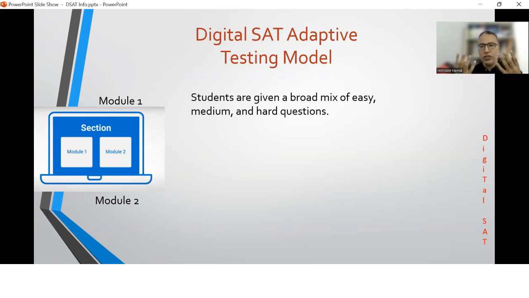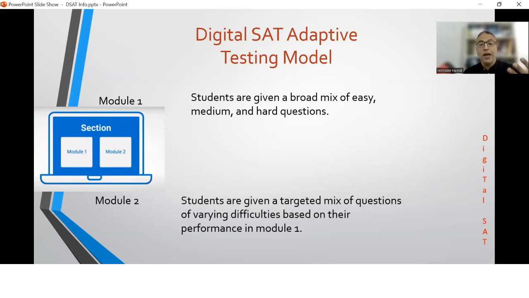So I may have 2 students. One of them solved 20 questions out of 22, but the test gives him easy questions. But I have another one who solved 18 questions out of 22 right, and he will get a higher score.